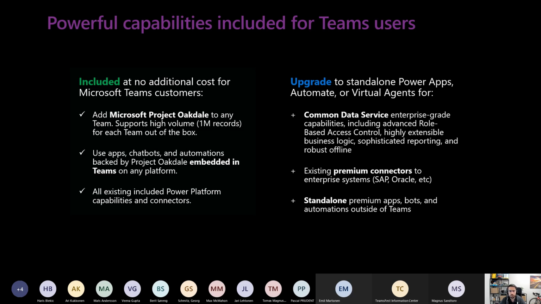But if you need to use more than what we have inside the standard Power Platform capabilities and connectors, we can upgrade to standalone Power Apps, Power Automate, and Power Virtual Agents to use, for example, the Common Data Service that has more functionality, the same concept inside Project Oakdale, or for example, existing premium connectors to connect to enterprise systems, or if you want, of course, to have standalone apps, bots, and automation outside of Teams.